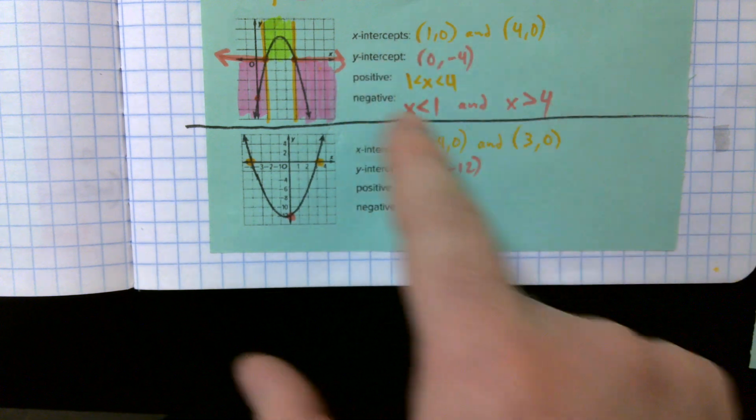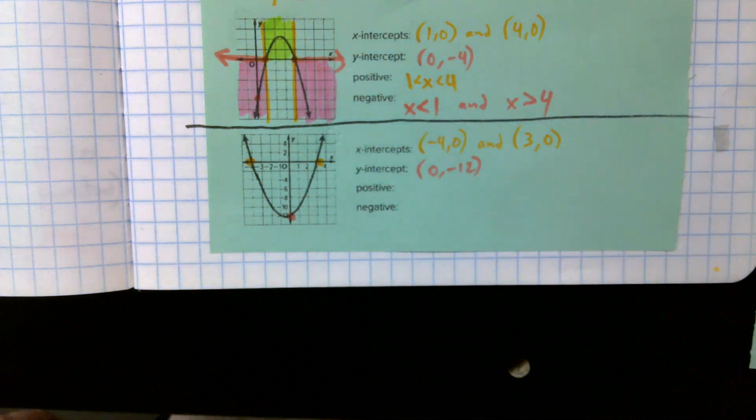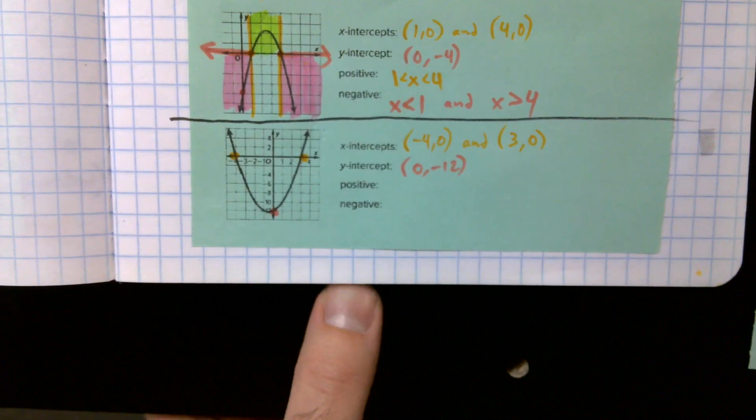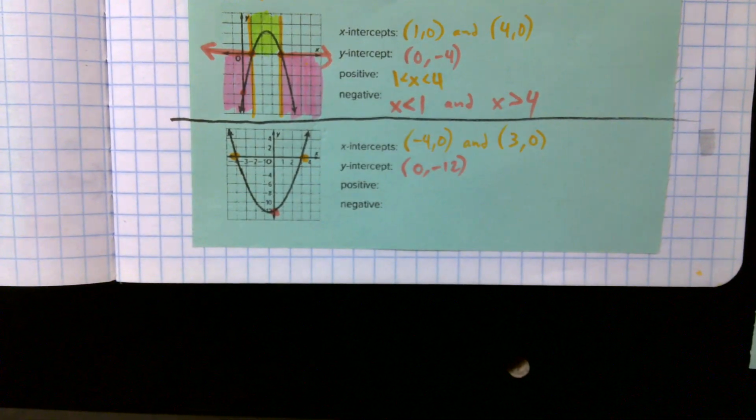All of my intervals had 1 and 4 in them. Keep that in mind with that last one. Take like 60 seconds or 2 minutes. See if you can do it on your own or with the person next to you. I'll come by and see what you come up with. Do your highlighting though. It really helps visualize what our intervals are and where they are.